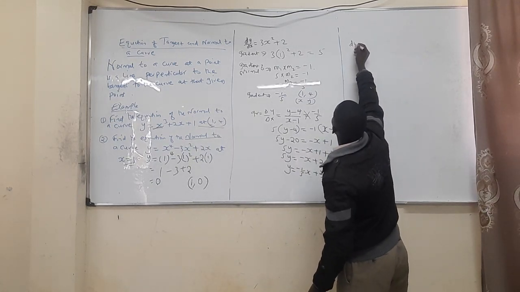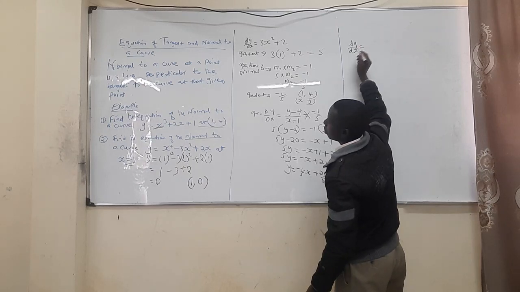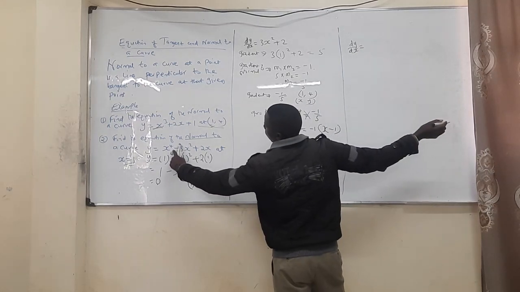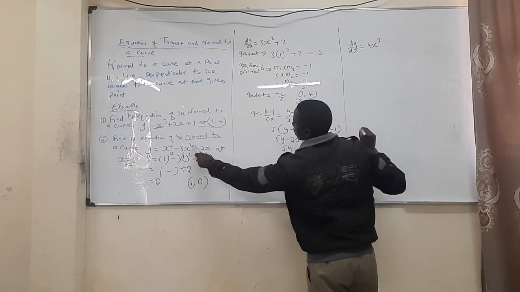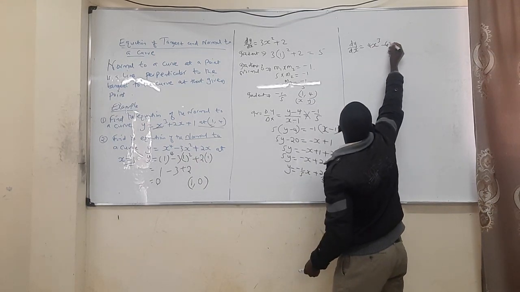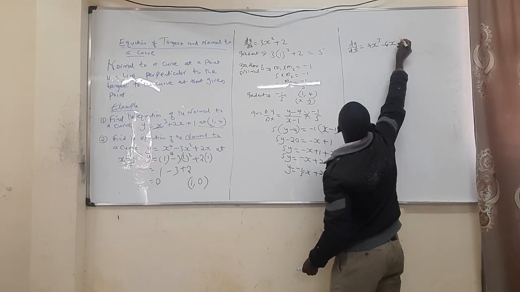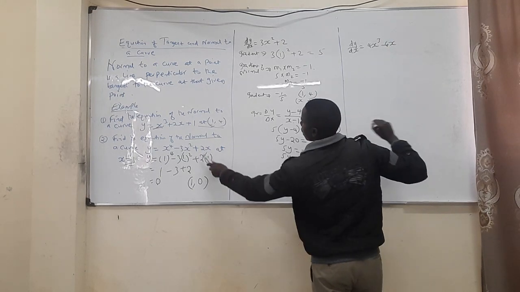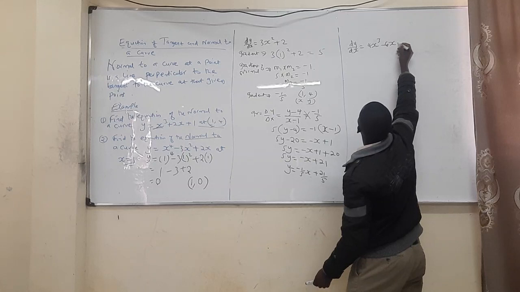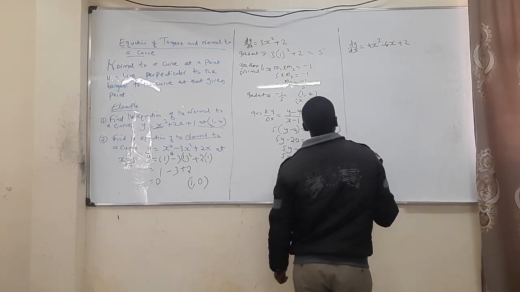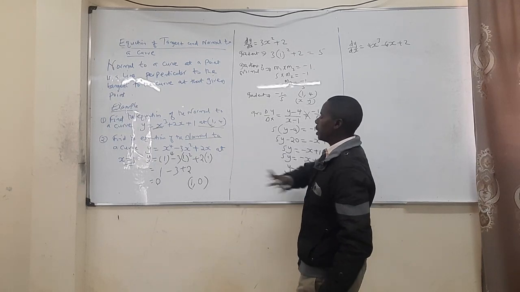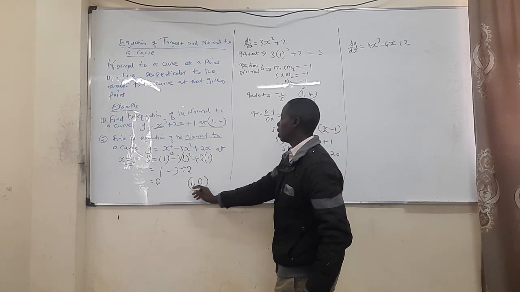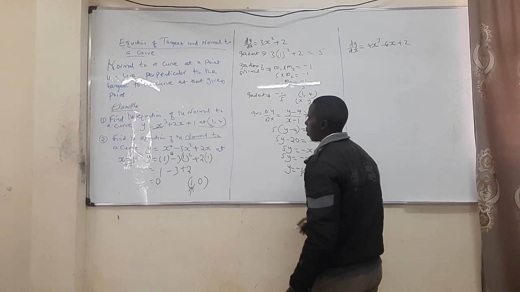So when you have that, you can now get the derivative. So dy over dx would be, you drop 4, you get 4x cubed. Then you drop 2, you get minus 6x power 1. Then 2x, you're going to get plus 2. So that is the derivative of the function. Then we need the gradient at x is equal to 1.